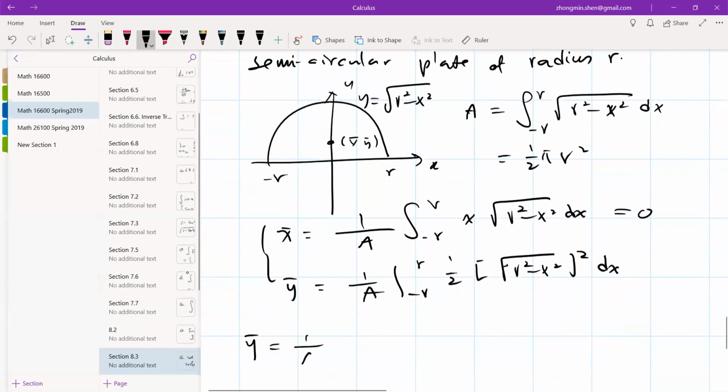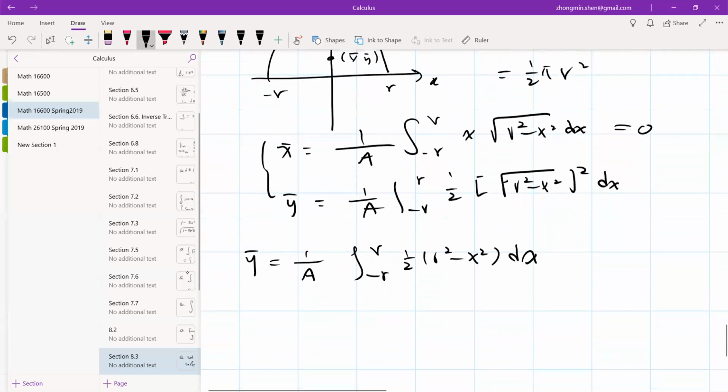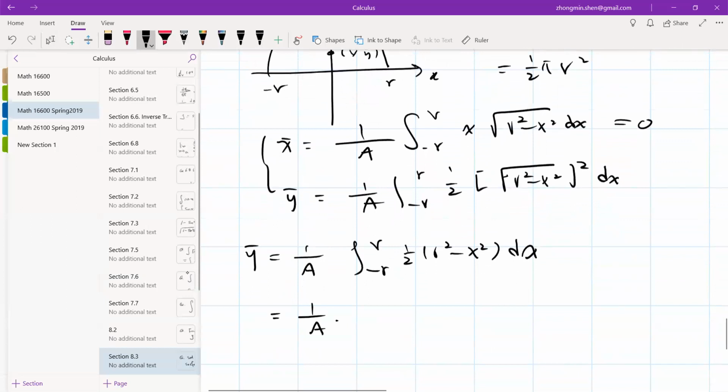Okay, so I leave A here, and after squaring, you get r squared minus x squared dx. Then you have this, r squared x minus 1/3 x cubed.